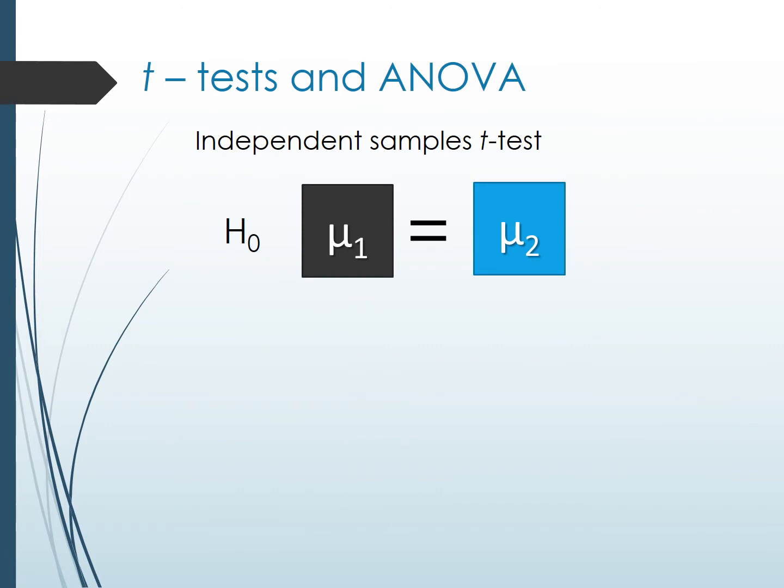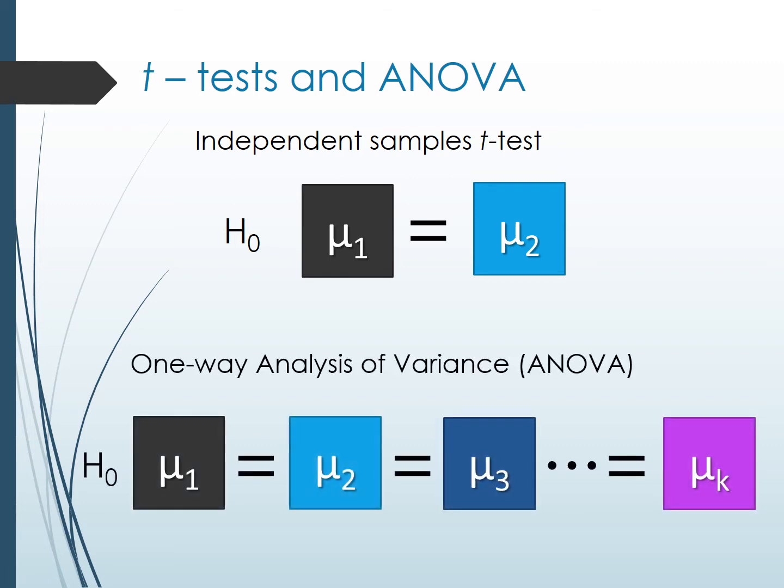Recall that the null hypothesis for the independent samples t-test states that there's no difference in the means of the two groups being compared. As we'll see, the independent samples t-test is very similar to the one-way ANOVA. The null hypothesis for a one-way ANOVA evaluates whether there are differences in means between two or more groups. The null hypothesis in this case is that no differences exist between any number of groups.